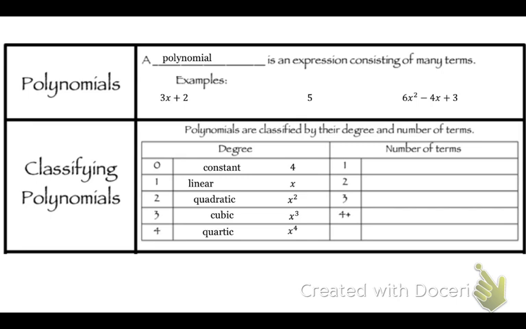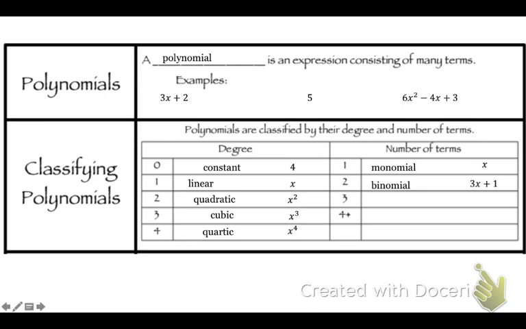Okay? Now, number of terms, if there's one term, it's a monomial. That'd just be like x, or 5, or 7, or x squared, or x to the fourth, or 14x to the fifth. Those are all monomials because there's only one term. 2 terms is a binomial.